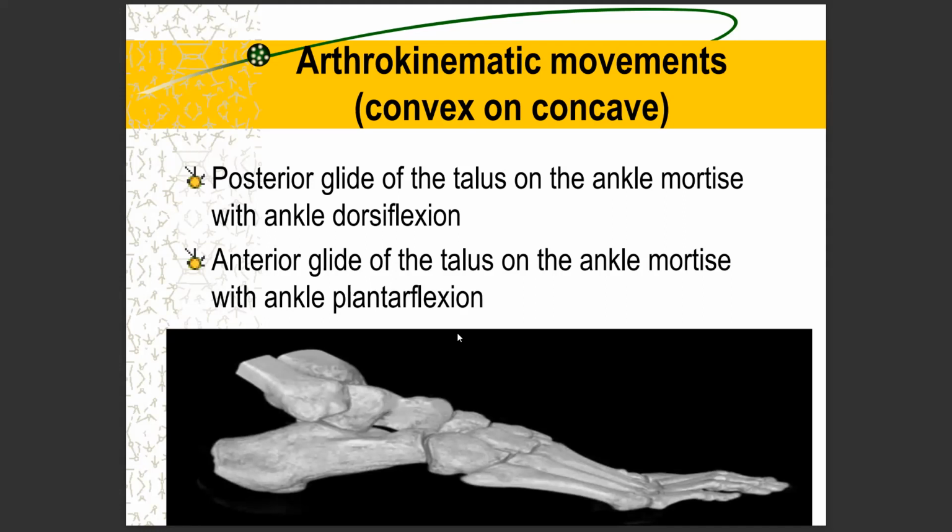So there is posterior glide of the talus on the ankle mortise. There is anterior glide of the talus on the ankle mortise during plantar flexion. So the point to remember is that during plantar flexion there is anterior glide of the talus, and during dorsiflexion there is posterior glide of the talus on the ankle mortise.